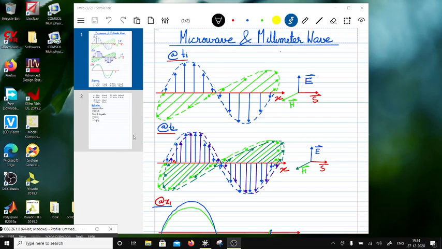Now in this series we are not only going to discuss the passives but also the active circuits, right?